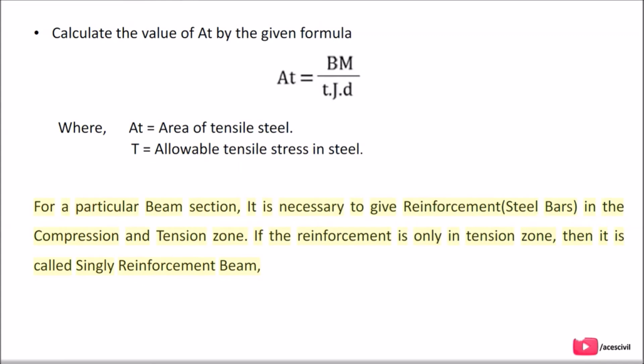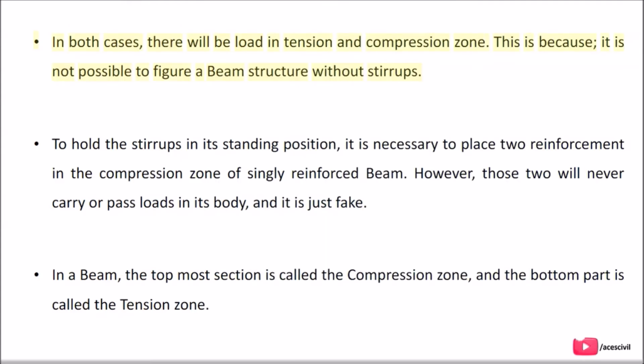For a particular beam section, it is necessary to give reinforcement, steel bars, in the compression and tension zone. If the reinforcement is only in the tension zone, then it is called a singly reinforced beam. In both cases, there will be bars in tension and compression zone. This is because it is not possible to form a beam structure without stirrups.